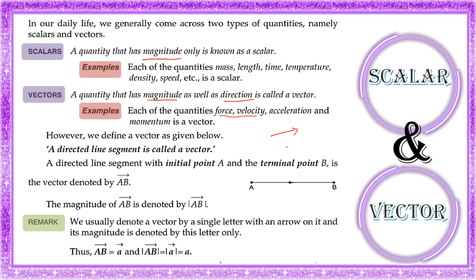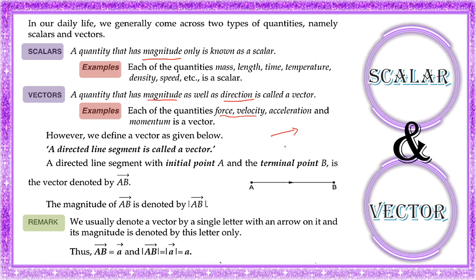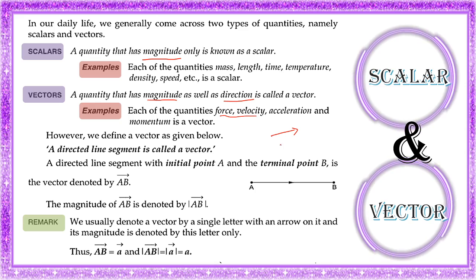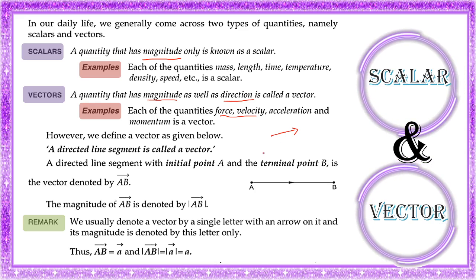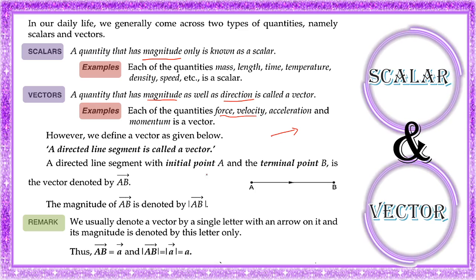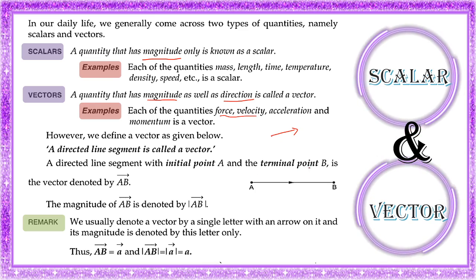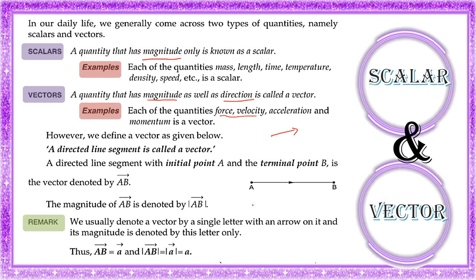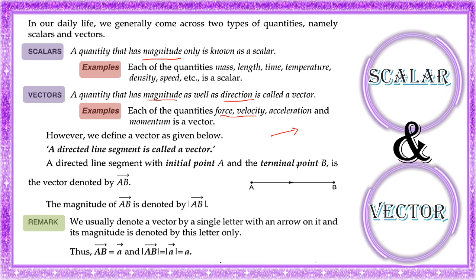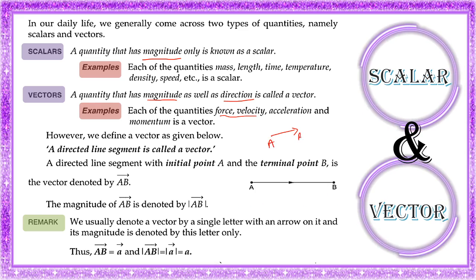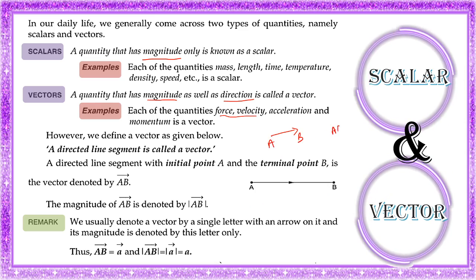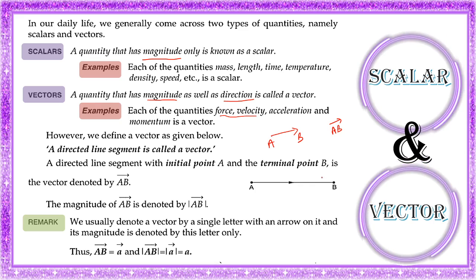We have studied a ray in our junior classes, right? So that is also the symbol of a vector. A directed line segment with initial point A and terminal point B is the vector denoted by AB, like this. If I give it a name as AB, so this AB is a vector and that's how I'm going to write it.